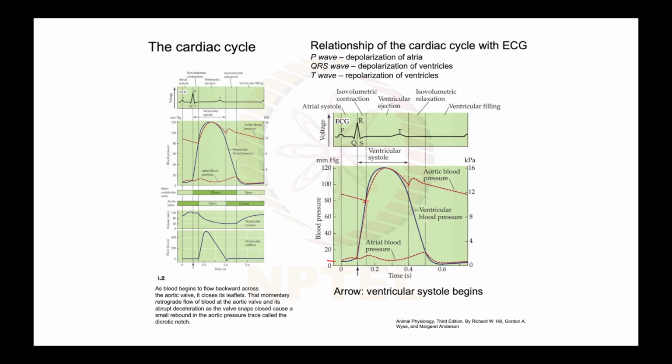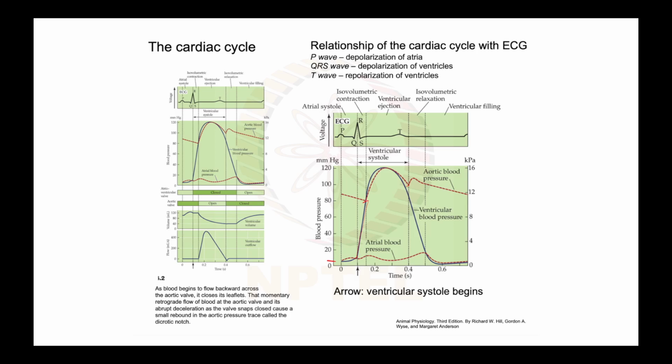The amount of blood pumped from the left ventricle per beat is called the stroke volume. With 70 ml and 72 beats per minute, in a minute the left ventricle pumps approximately 5 liters of blood.